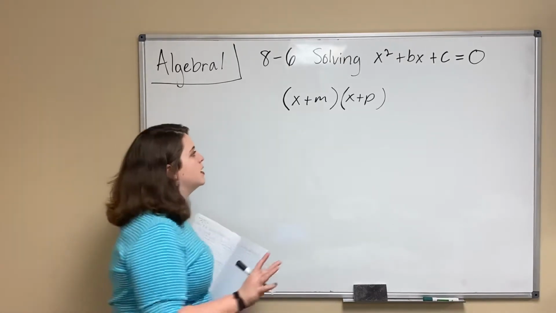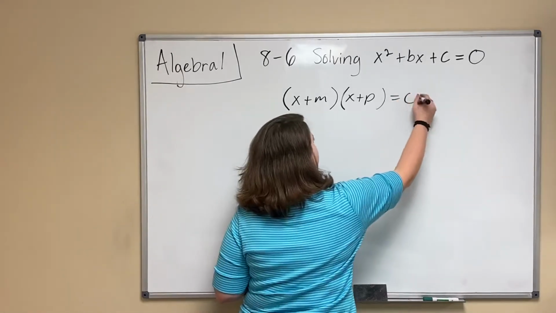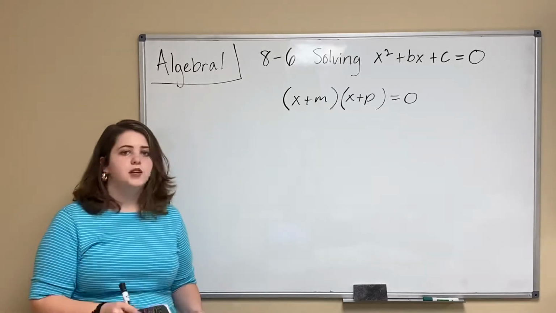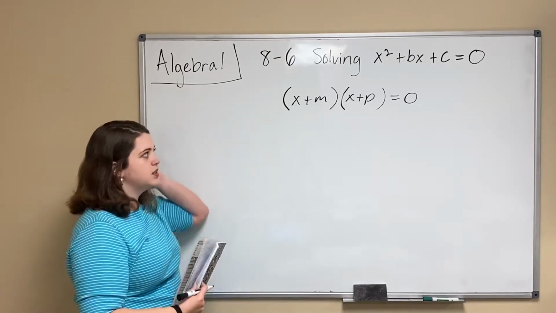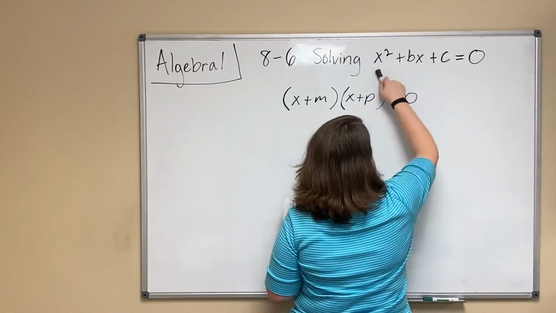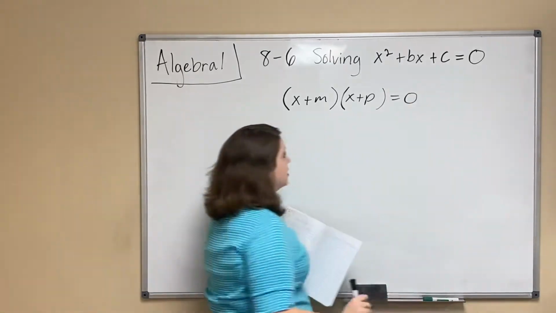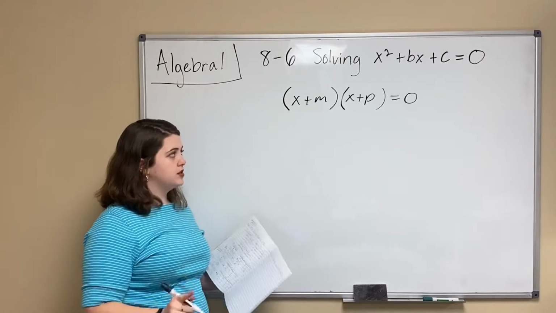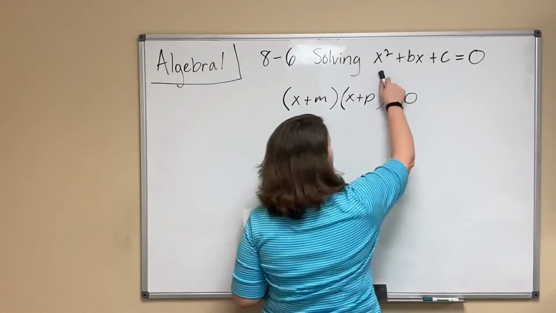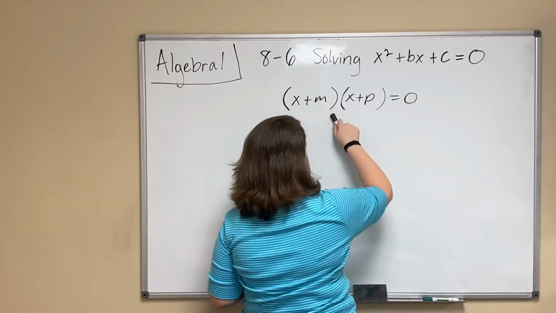You remember, like I said, whenever this equals 0, we know that one or both of these must equal 0. So what we're learning today is whenever it's in this form, equaling 0, how do I solve that? Now, what we're going to have to do is figure out how to get from here to here.